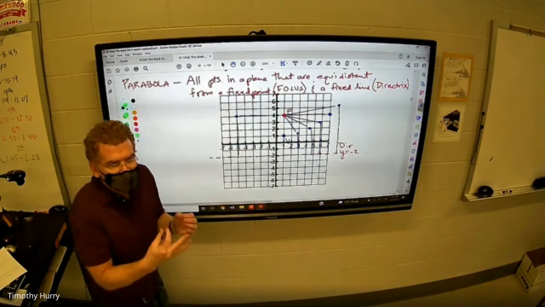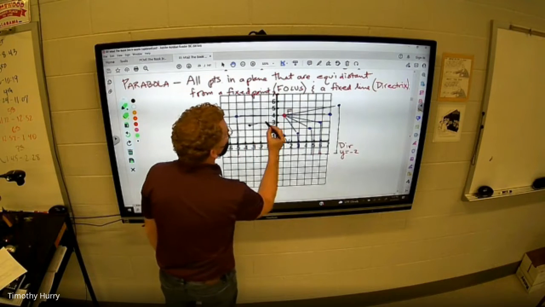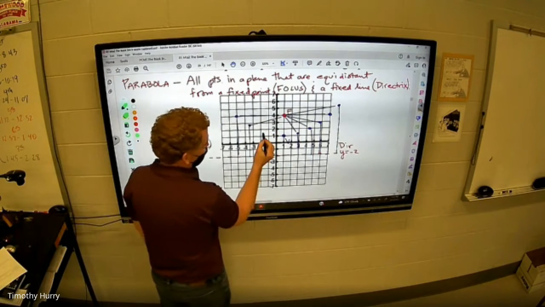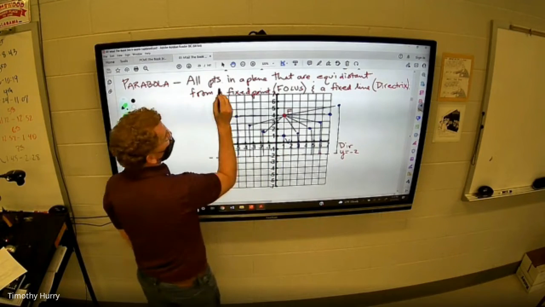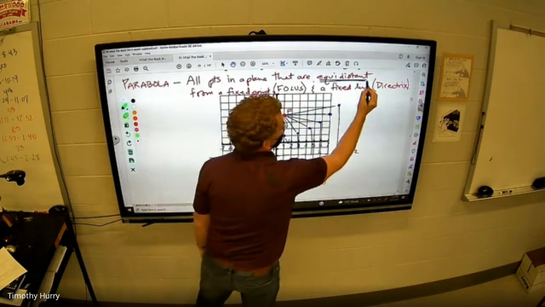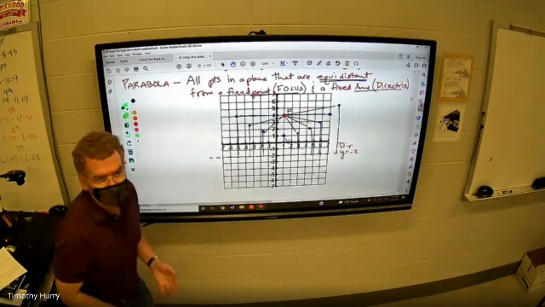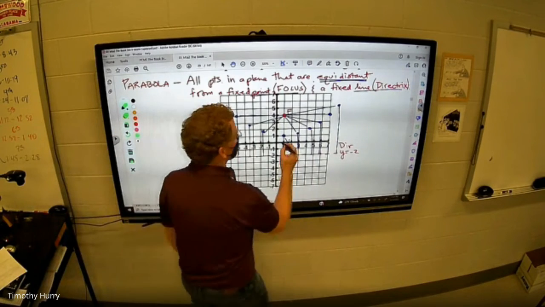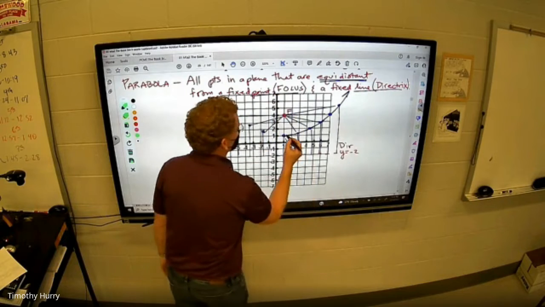So if I measure it off, I could do this all day, right? Just find points. It'd be harder to check. I could get a ruler out maybe and get a close guesstimation. But there are all kinds of points that, if you measured them, would be the same distance from the point as they are from the line. And if I marked enough of them and connected them all together, I would get a nice parabola.